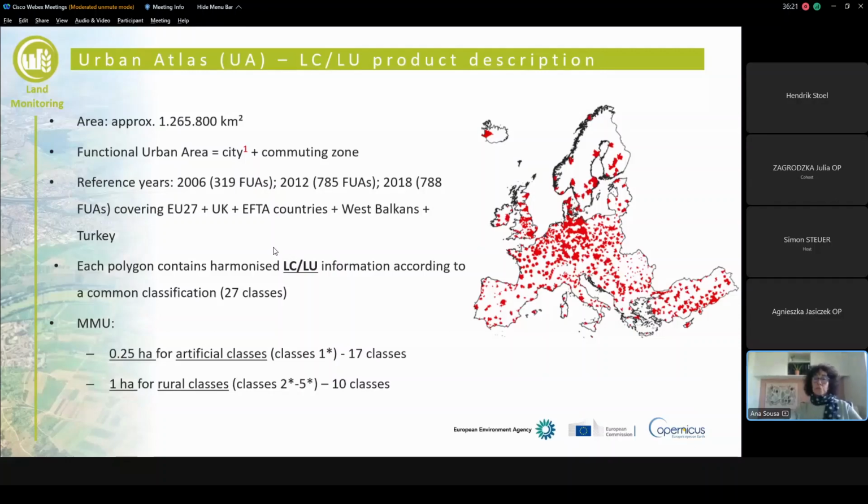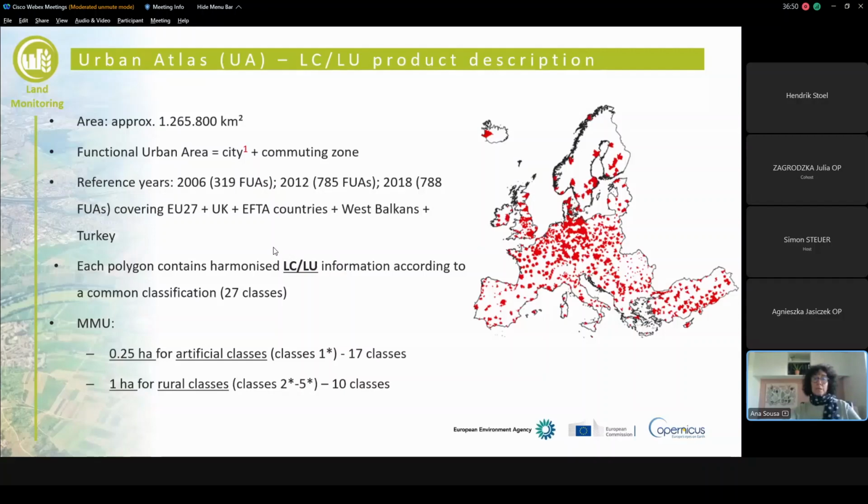Reference years we have so far are 2006, 12, and 18, with a variable number of functional urban areas covered. We cover also EU 27, the UK, EFTA countries such as Iceland, Norway, and Switzerland, plus the West Balkans and Turkey. And this extended area is because EEA also works with other countries besides those in the EU area.